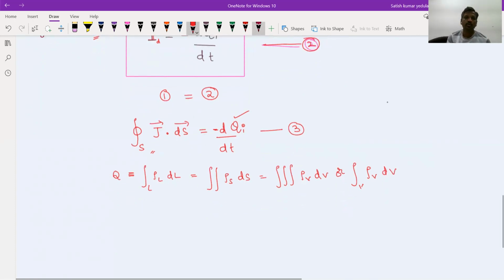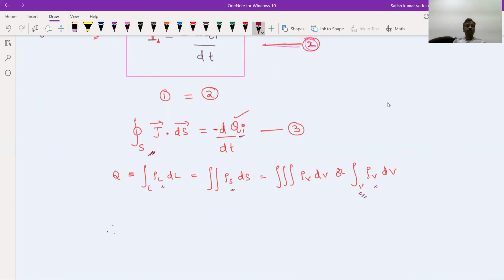Now, we always know that there is a relation between a closed surface integral and an open volume integral, which is given by the divergence theorem. Because we don't have surface charge or line charge, and we have only the volume charge present inside the closed surface, it is always better to write the volume integration expression here.